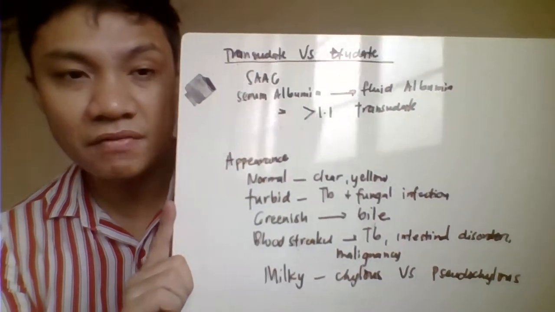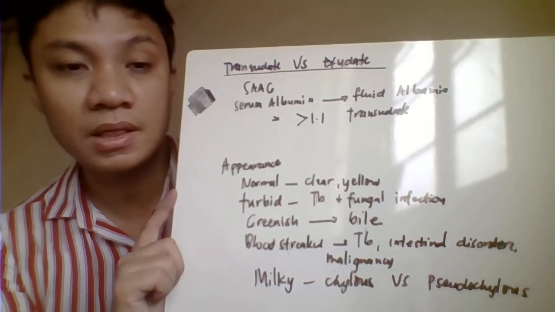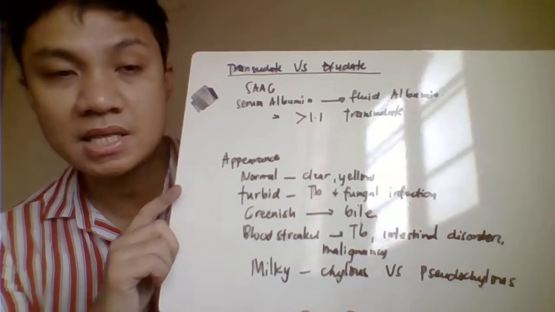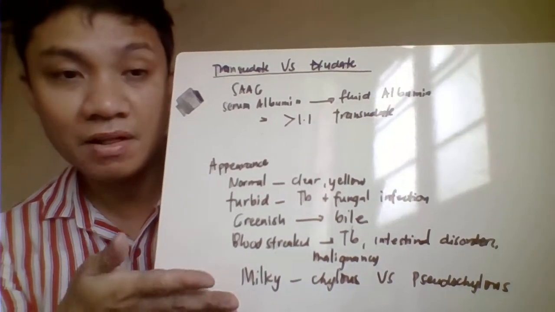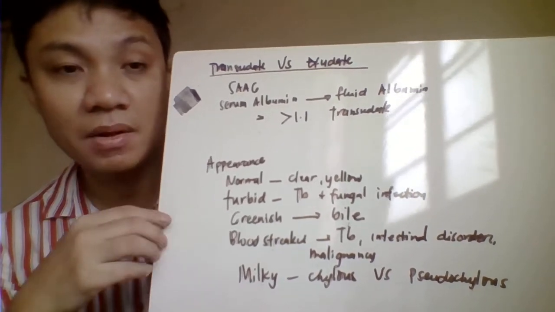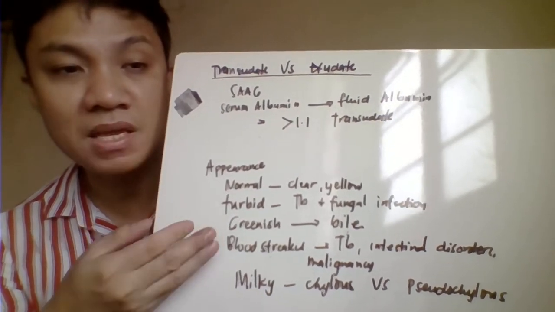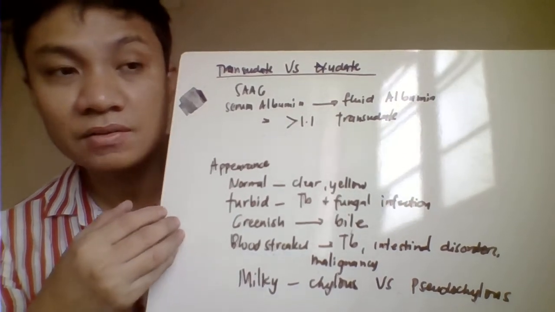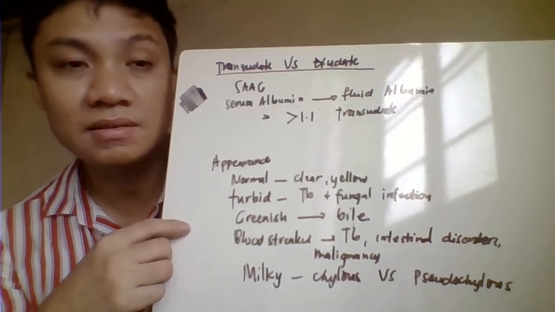Okay, then we have here the differentiation between your transudate and exudate with your peritoneal fluid. The best way to differentiate is by taking the difference of your albumin level between your blood versus the peritoneal fluid. If the difference of your serum albumin compared to the peritoneal fluid is more than 1.1, then that's your transudate.